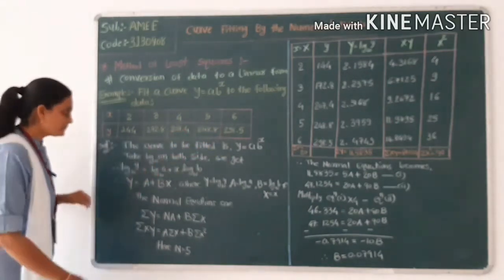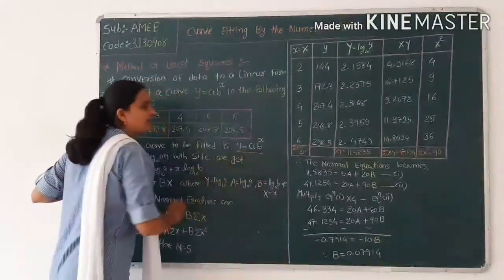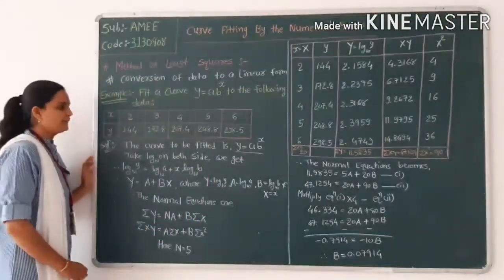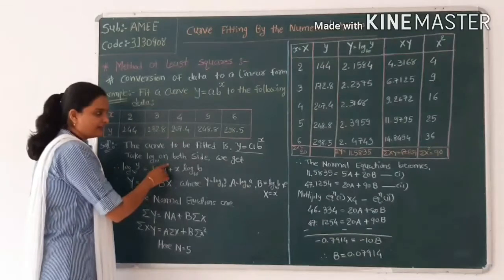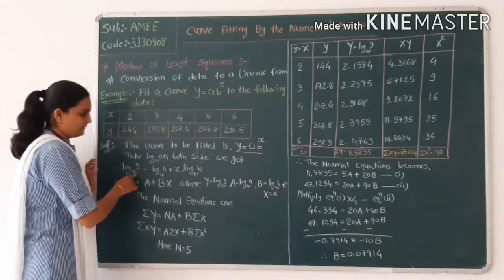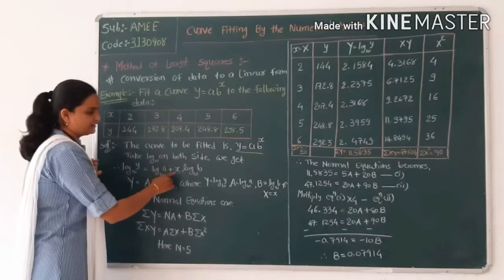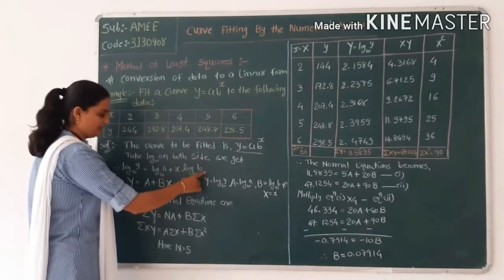We are given the curve y equals a b raised to x. Take log to the base 10 on both sides: log y equals log a plus x log b.